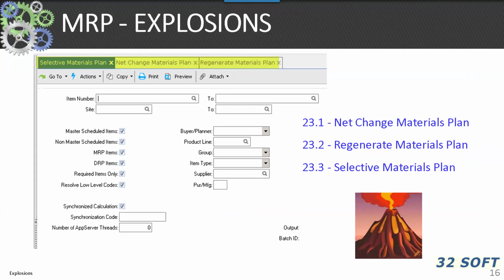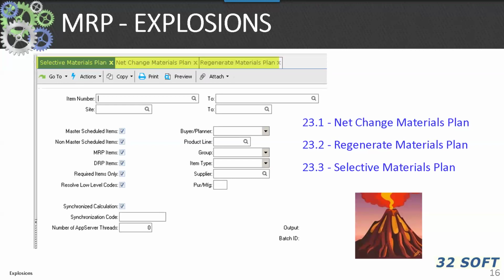Explosions determine the necessary labor hours and operation details required for each part on the bill of material. Explosions ensure the correct materials are available in the right quantities at the right time to meet the production plan. An explosion is a key process in MRP that translates higher level production into specific requirements based on the bill of material.